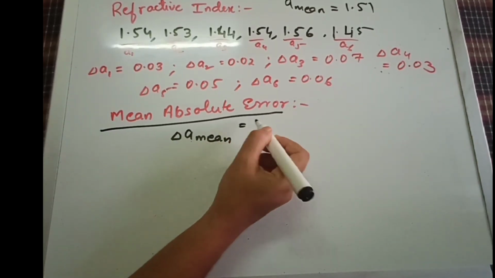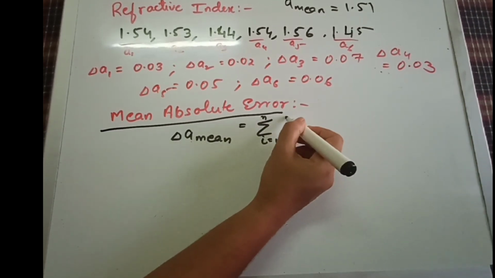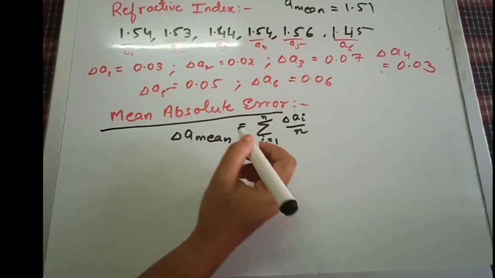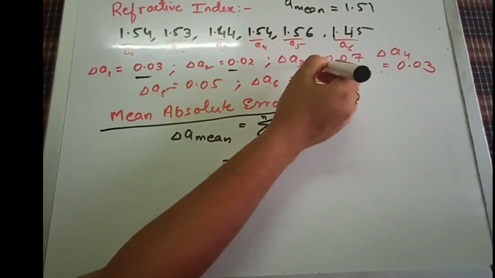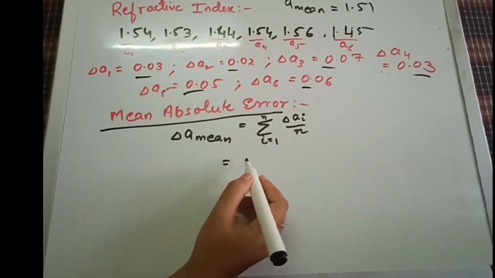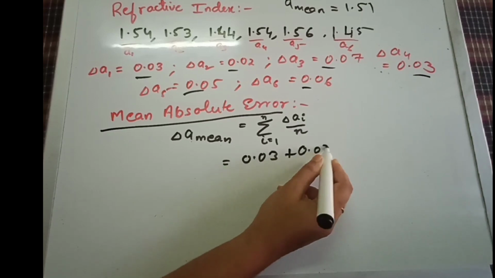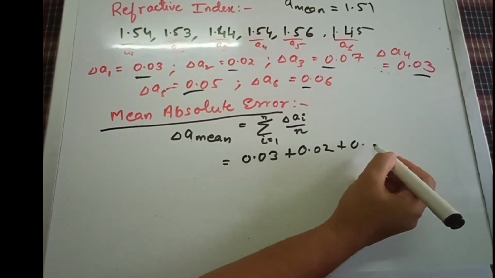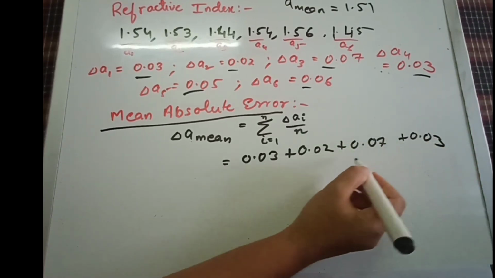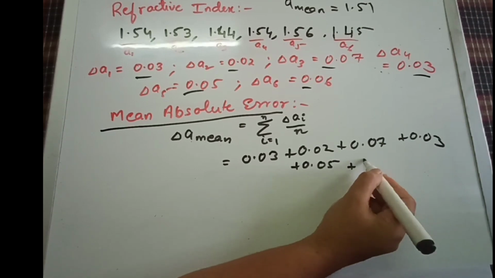So delta A mean, we know the formula, equals summation i equal to 1 to n delta AI by n. So delta A1 is 0.03, then 0.02 and so on. So all these values we will substitute. 0.03 plus 0.02 plus. So basically we are adding up all the 6 absolute errors, and then we'll divide it by the number of readings, which is 6.